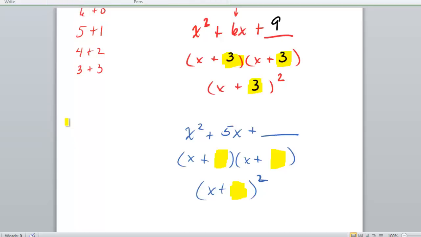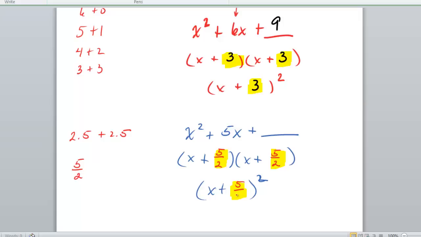And so many of you may be thinking to yourself, what about 2.5 plus 2.5? And that's absolutely correct. However, what I would like you to do is think of this as improper fractions. So 2.5 is the same thing as 5 halves. So we're going to say 5 halves and 5 halves.